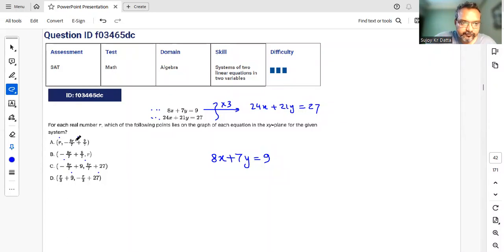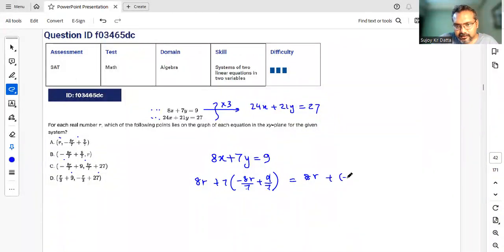So it's best to plug in values. Let's say I plug in here R, so X is R, right? And then 7 times this: 7 times negative 8R over 7 plus 9 over 7. So what do we get? That's 8R, plus 7 times this. The 7s will cancel from the denominators.